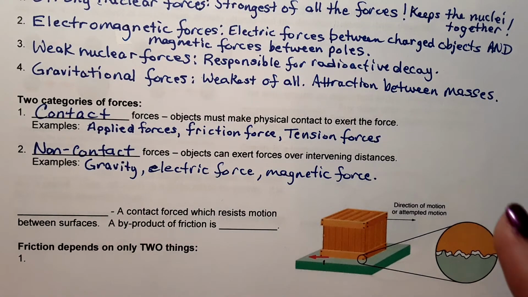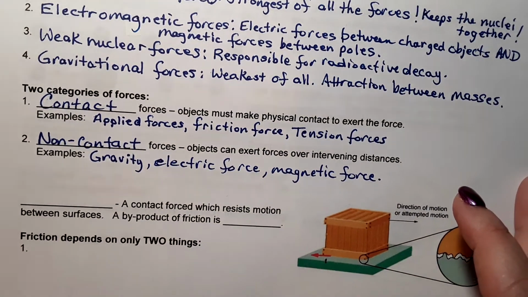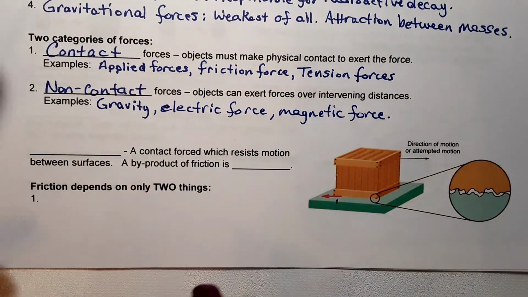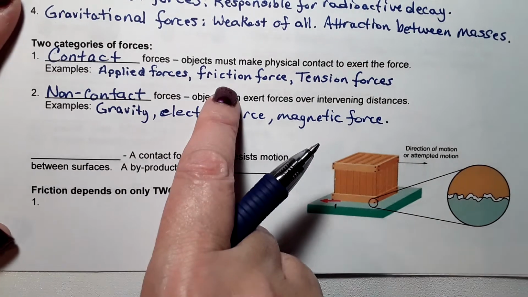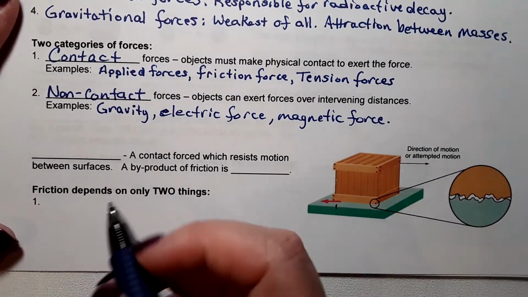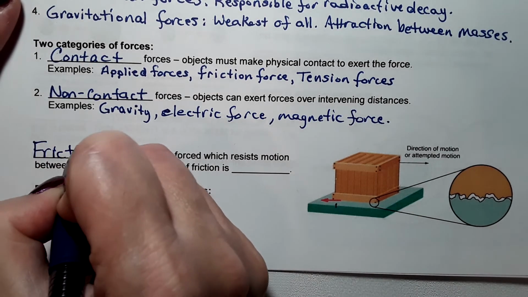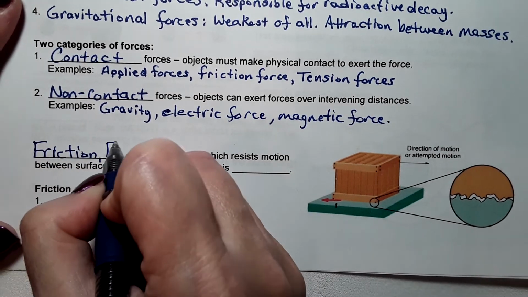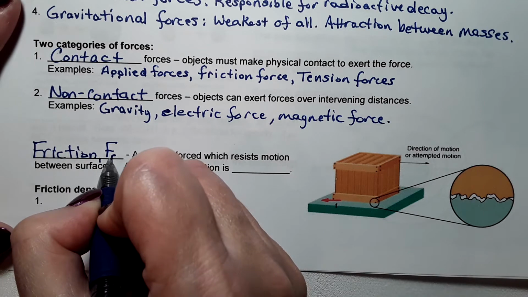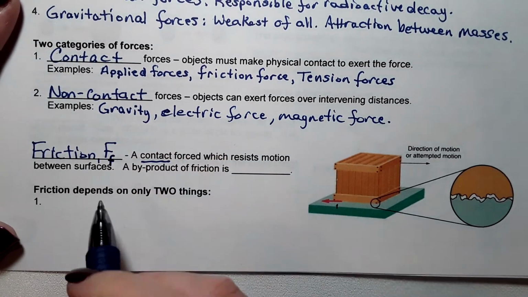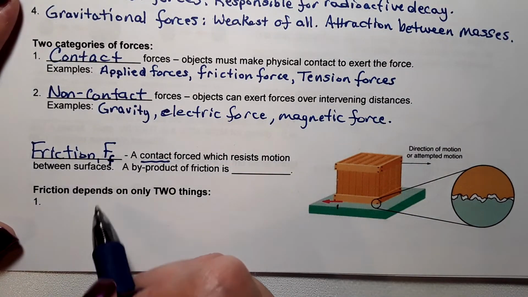Now, for the rest of the notes that we are covering today, we're going to look at one force in particular, and that is friction force, which, as you know, is a contact force. So, friction. Now, friction also uses an F, but we put a little subscript F right there too, a lowercase f subscript.